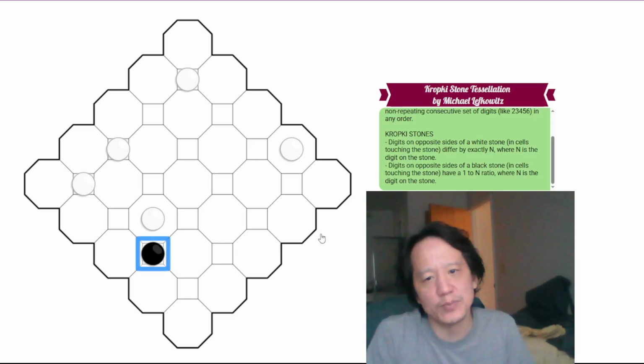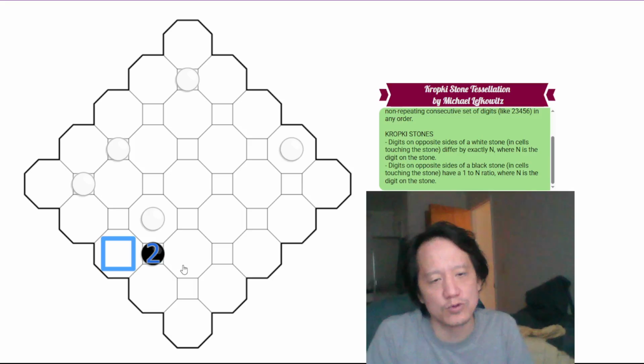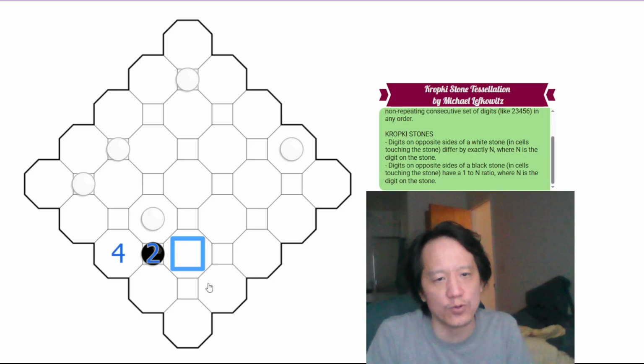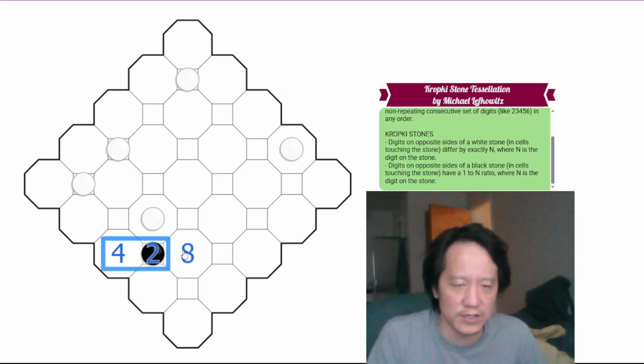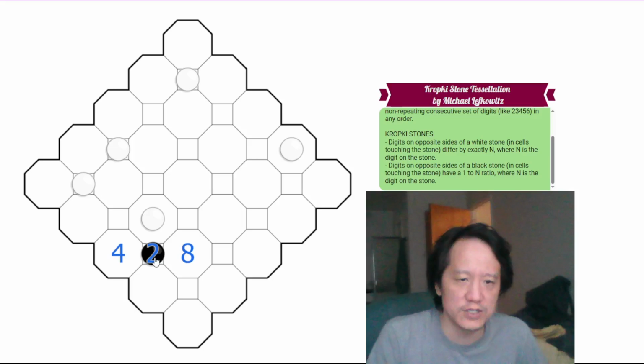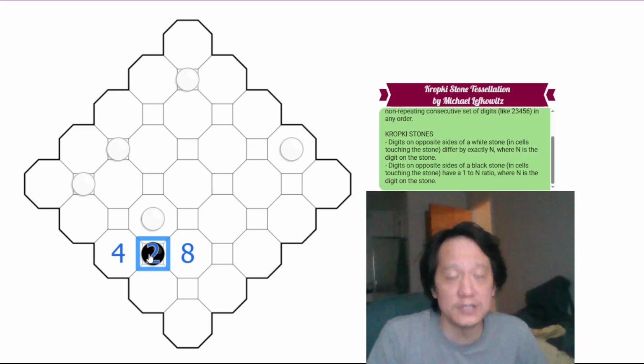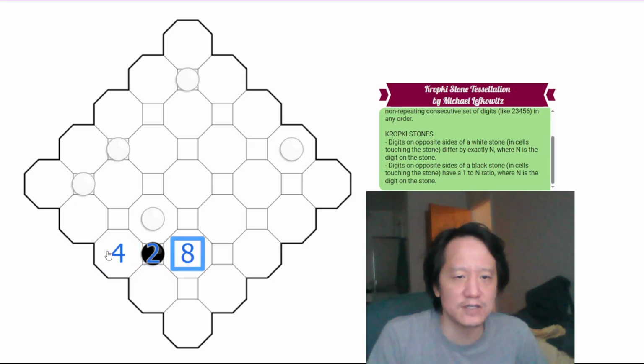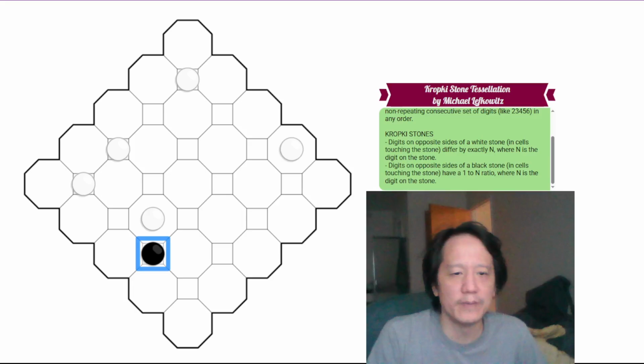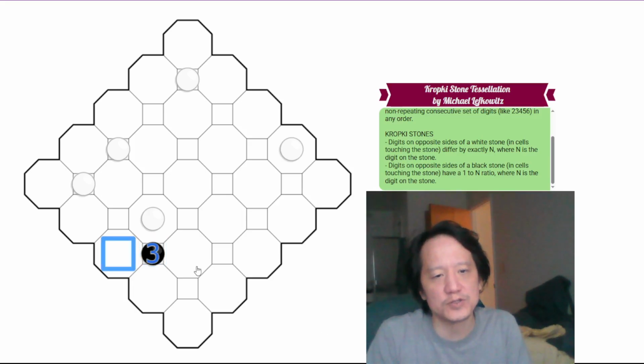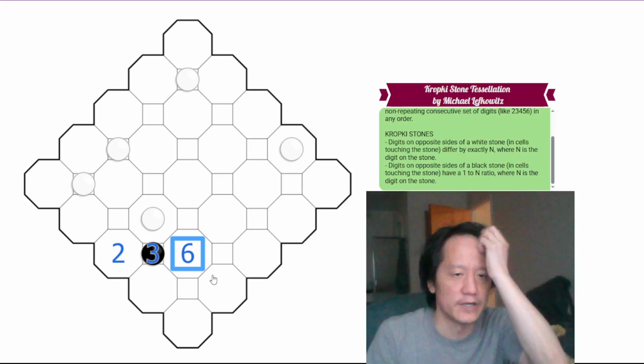So, for example, if this were a 2 and this were a 1, this would have... Well, that wouldn't work. If this were a 2 and this were a 4, this would have to be an 8, because the ratio for this digit must be 1 to 2. Sorry. This 2 signifies the ratio that these cells that are neighboring it must have. If this were, say, 3 and this were 2, this would have to be 6, right?